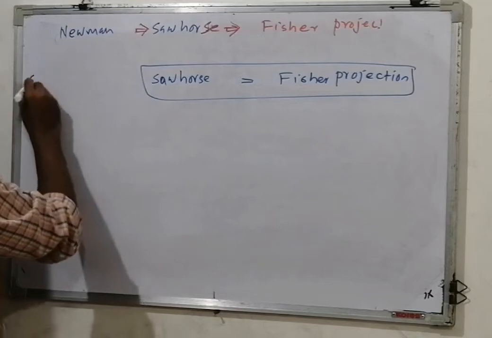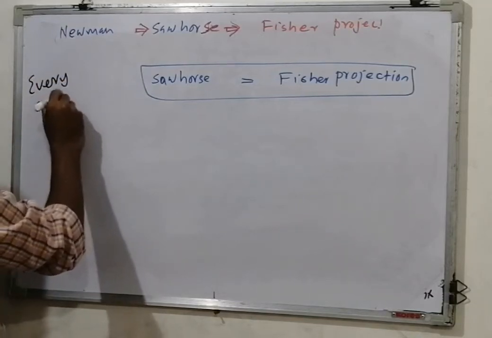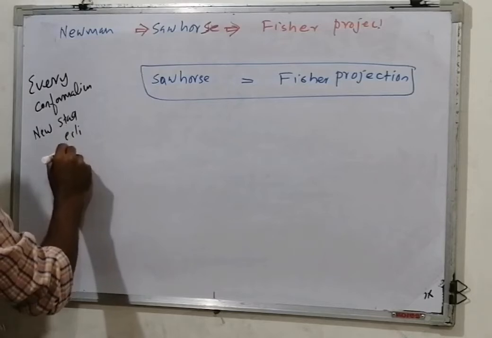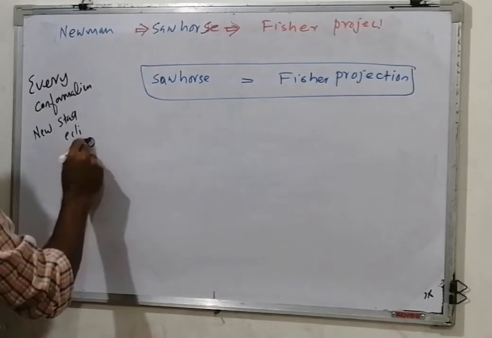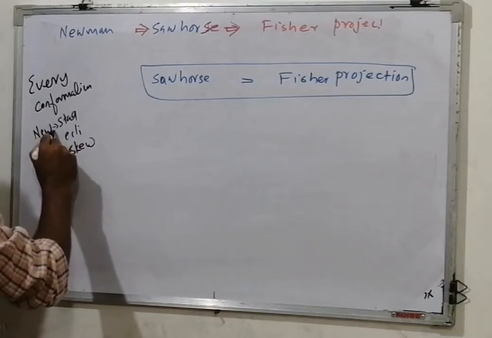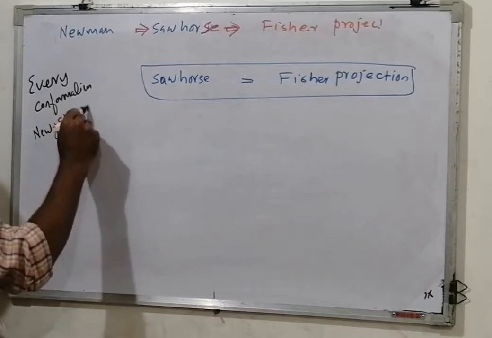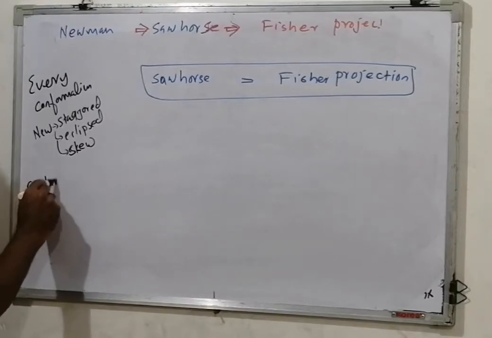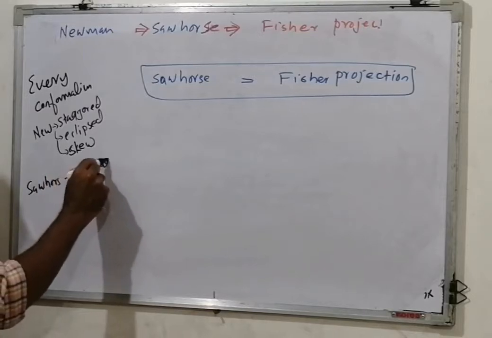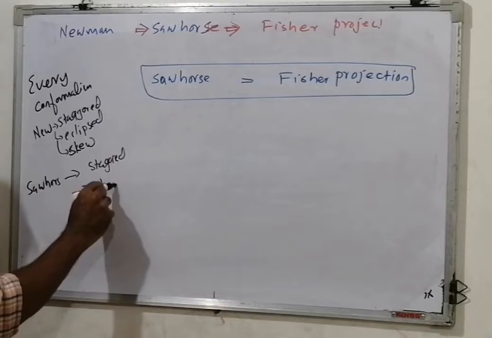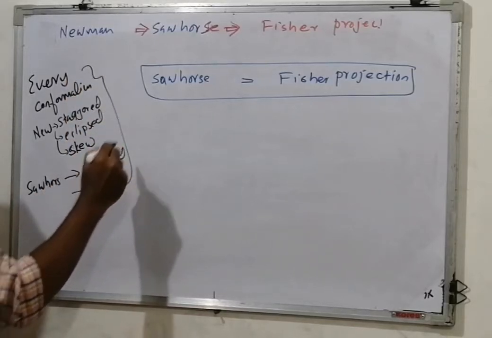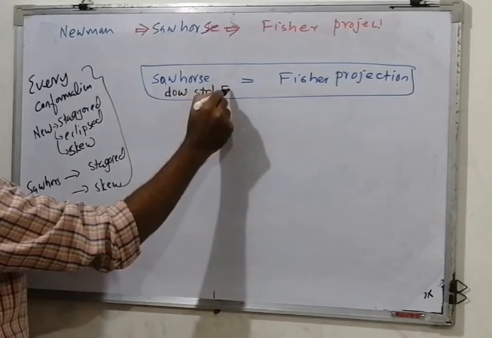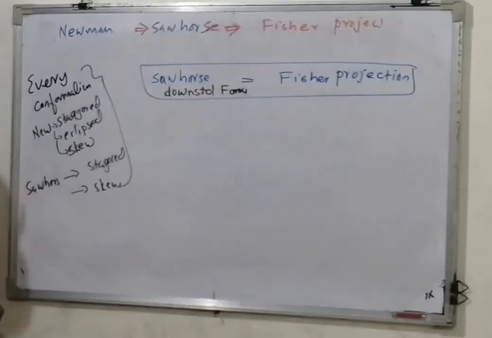Therefore, every conformation, whether it is Newman staggered, eclipsed, or skew, or even Sawhorse staggered, or skew, everything should be converted into the Sawhorse down standard formula. That will be the Fischer projection.